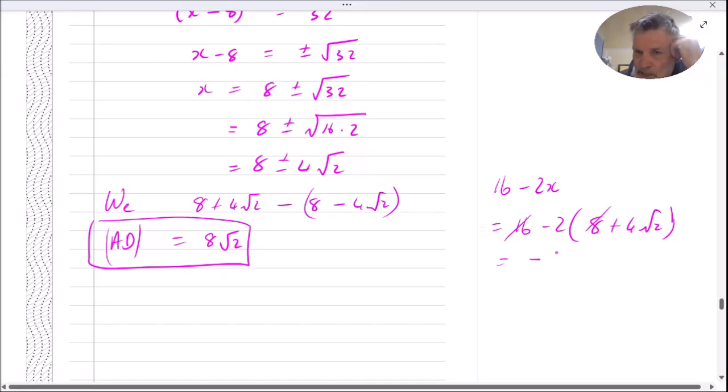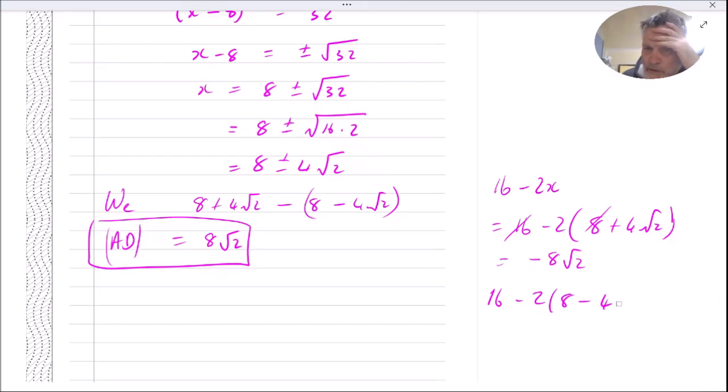So you get minus 8 root 2, and it's negative because we've done the subtraction the wrong way, basically. So 16 minus 2 times 8 minus 4 root 2.